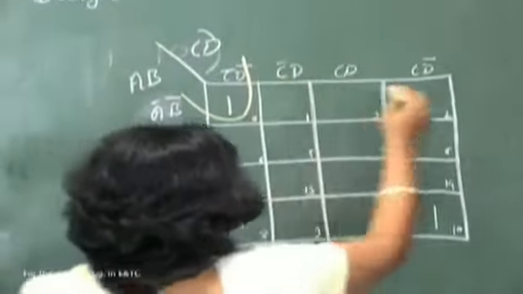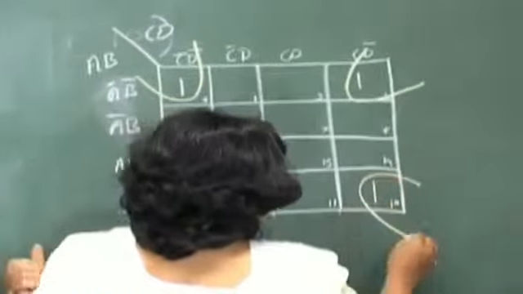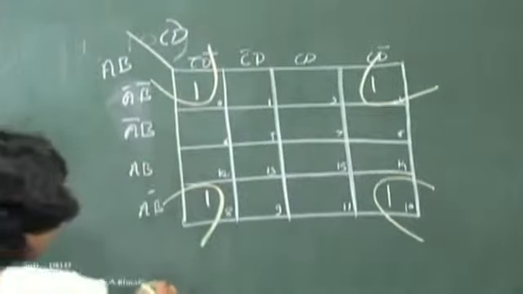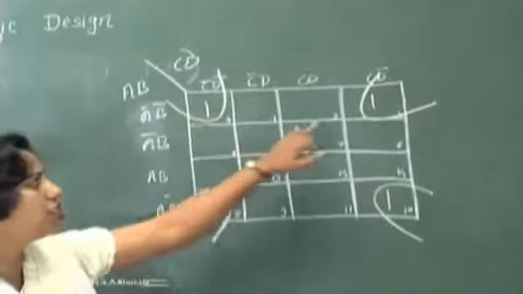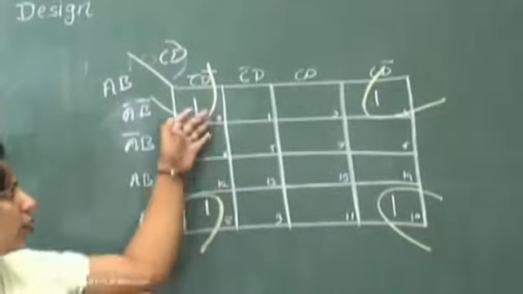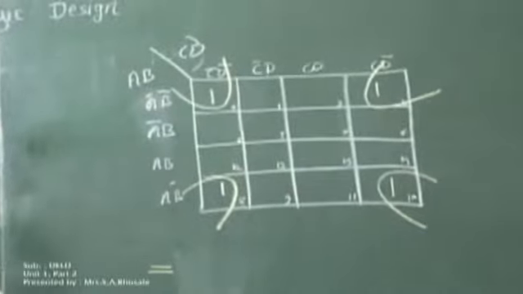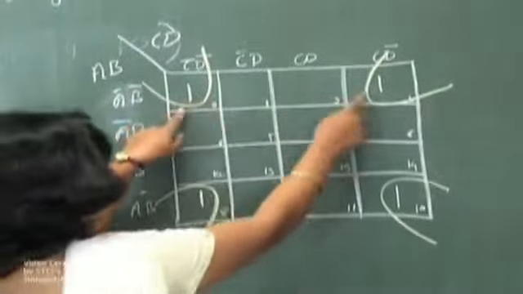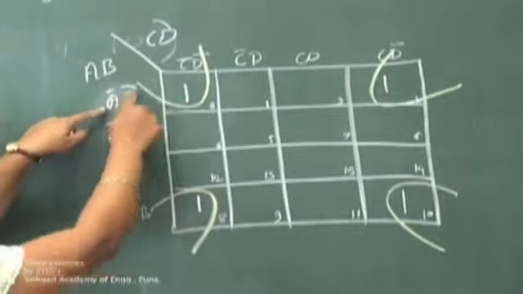So see, this one and this one are going to form one quad, and see how the answer will be written for this. Let us see how to couple these 4 ones. By folding horizontally and vertically, we have a total of 4 ones forming a quad. If we see horizontally, this has common A bar, B bar.